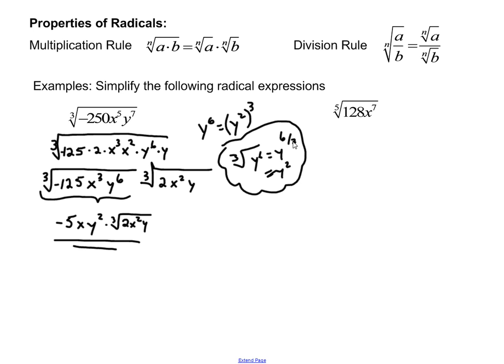All right, let's talk about this other one over here. We've got the fifth root of 128 x to the seventh. Well, 128 may not be particularly recognizable to you as a fifth root number. As a matter of fact, it's not a fifth power, but we would note that 128 is factorable, right? If we take off 2, 2 goes into 128 64 times. 64, it's still maybe not recognizable, but how about this?